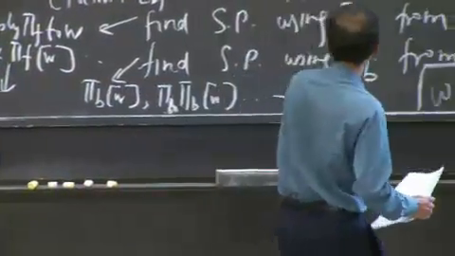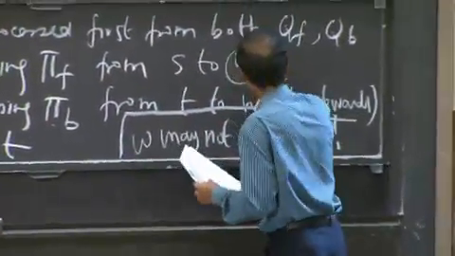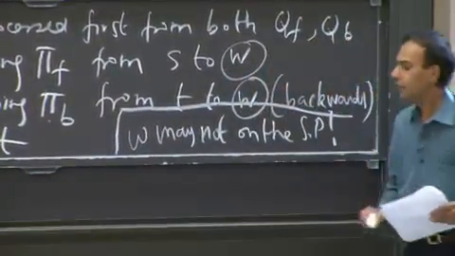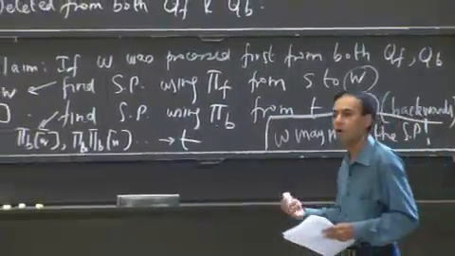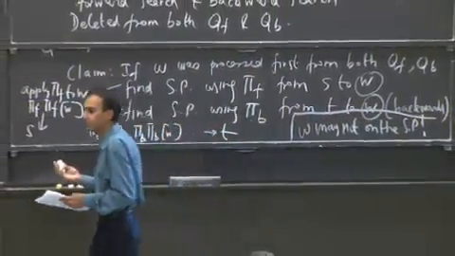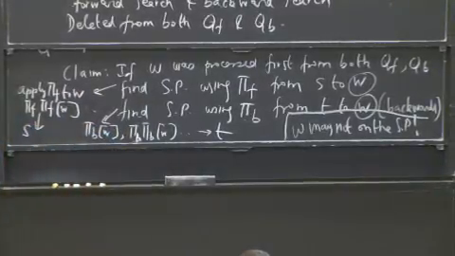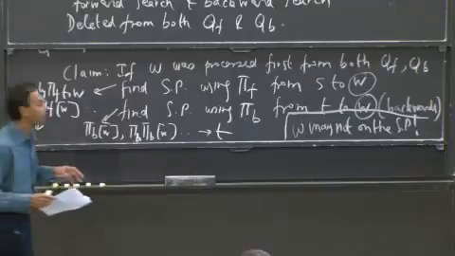What is incorrect here is the use of W to construct the shortest path, all right? It turns out we have to do a little more work to go find the shortest path after we've terminated, and W may not be on the shortest path, all right?